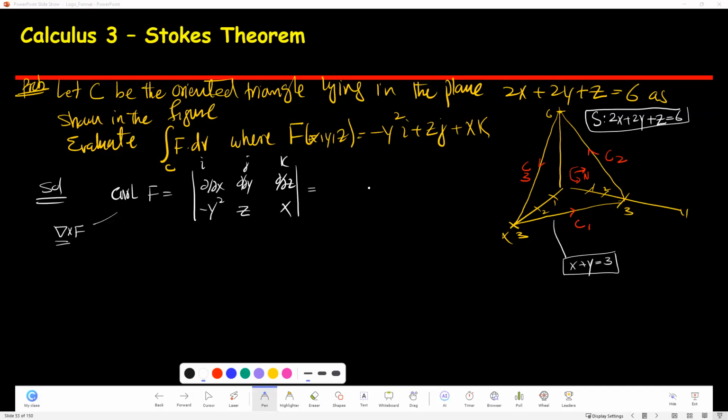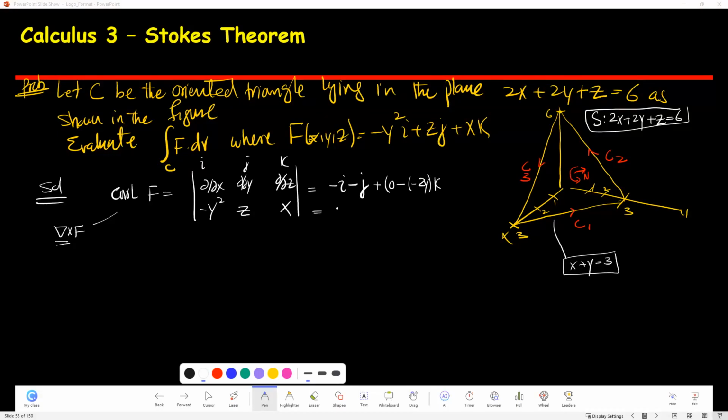So let's do this. This one is going to be minus i, minus j, and the last one will be cancelling this. This one is 0 minus, and it's going to be plus from the formula, and then I'm going to take this one, so 0 minus minus 2y.